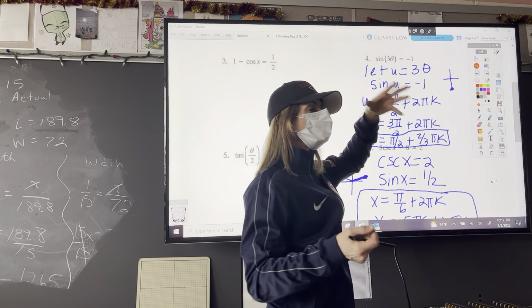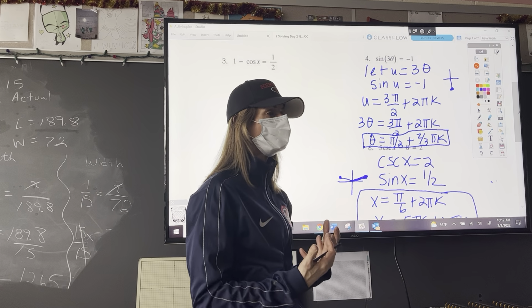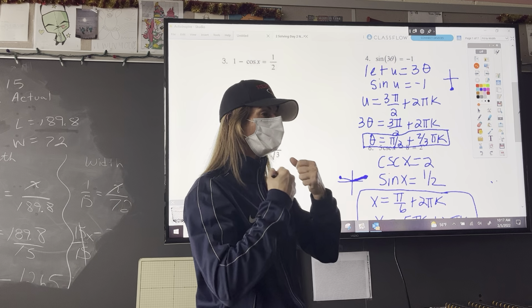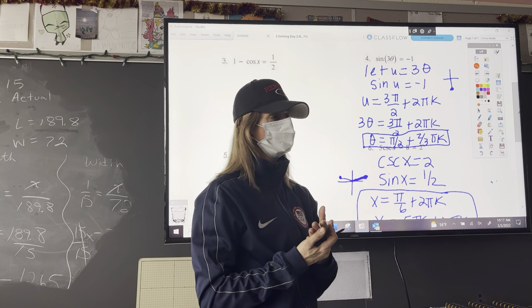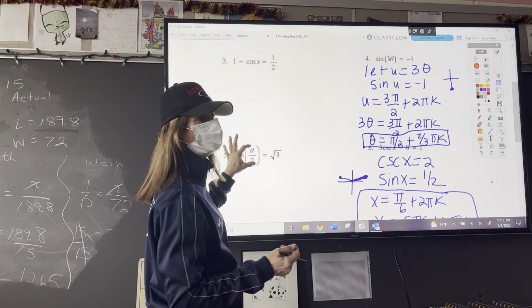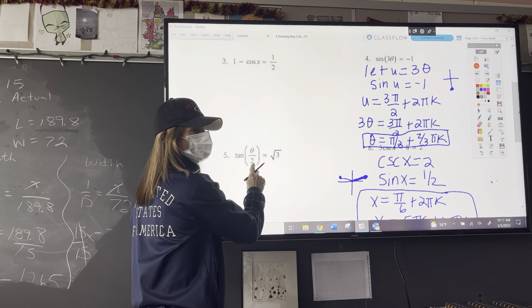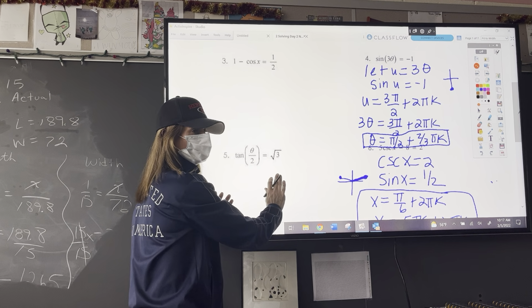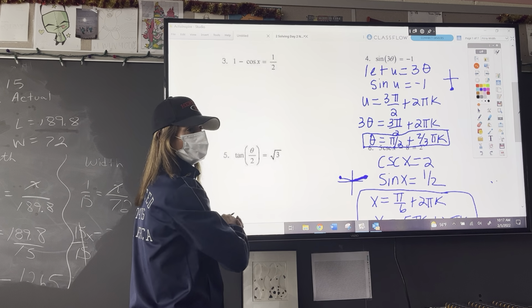So we set it equal to just the basic angle so we could use the unit circle and then substitute back into 3 theta to get the actual solution. And we're going to do that again here. So see how we've got this weird angle, this theta over 2? We're going to let u equal this theta over 2, solve it like we would normally, and then at the end, substitute back in the theta over 2 for the u.